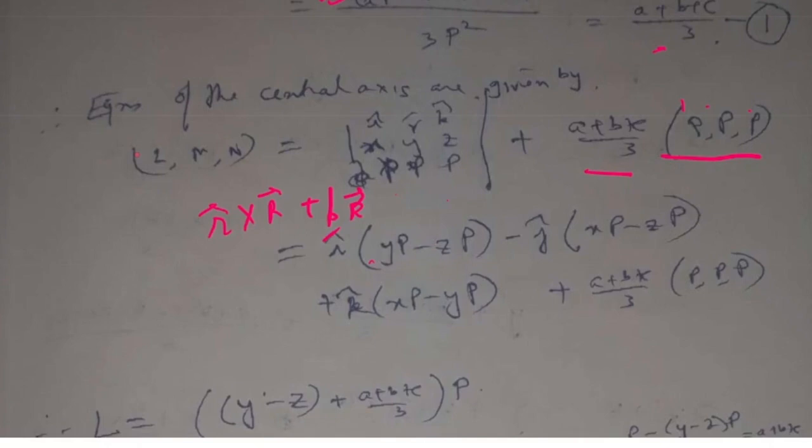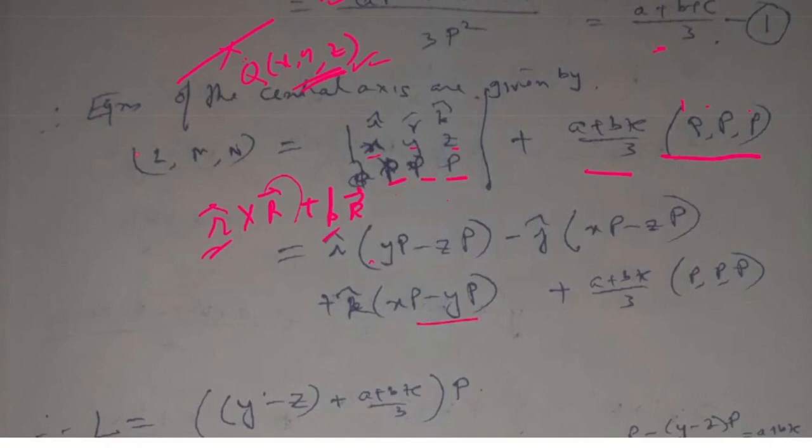R is any point you are taking on the central axis. If you don't want to confuse with this P, let me put Q, any point. So this is a running variable XYZ. So here I put XYZ for this R, and again capital R, that means the resultant force, having three components, so we have put it all together and we just perform it and find it out.